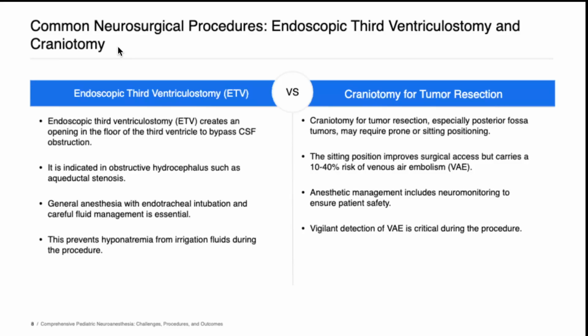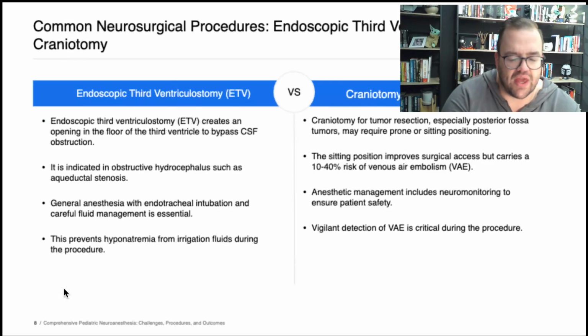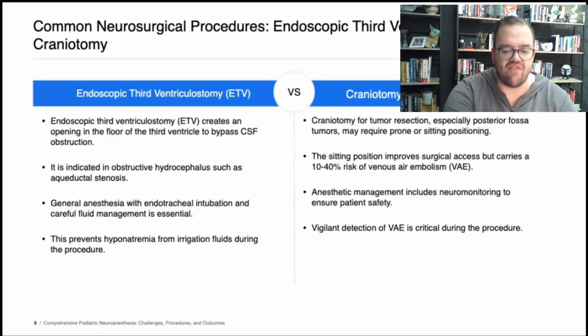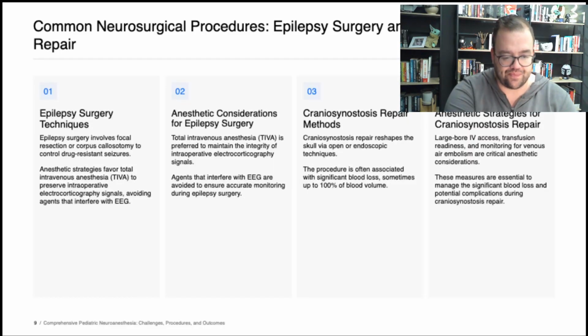We need to be aware of the risk of bleeding and of the additional monitoring and invasive lines that we may need. And we need to be incredibly vigilant when doing a craniotomy for tumor resection for a child. You really need to have a plan A and a plan B and a plan C and a plan D, even, for that child.